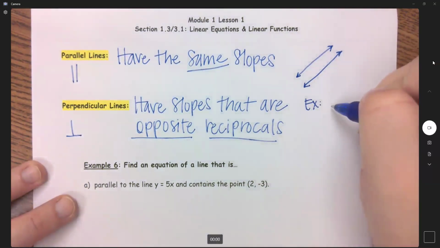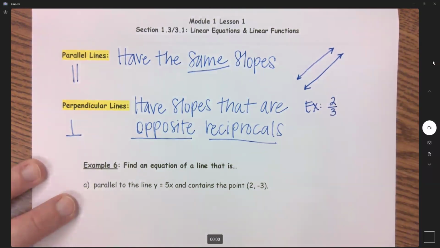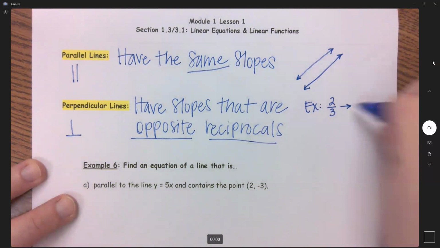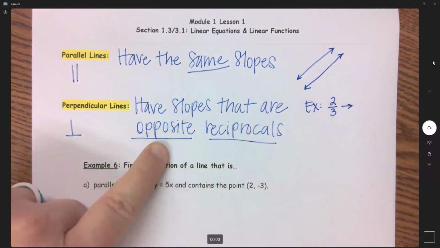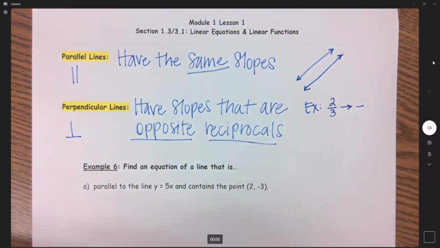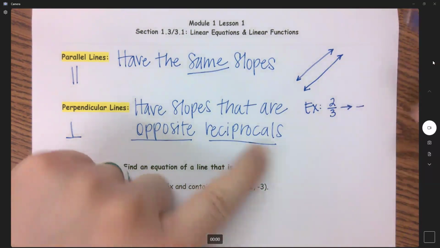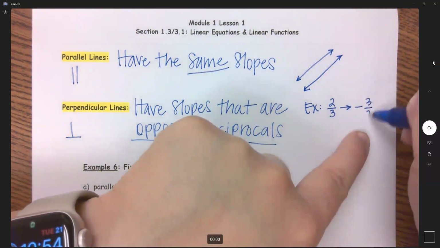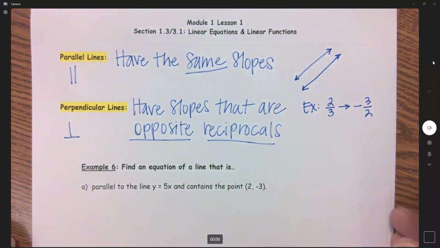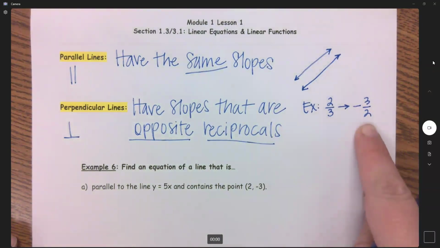For example, if I have something like 2/3, its opposite reciprocal, meaning one positive, one negative. So since this one's positive, this one is negative. And reciprocals mean flipping that fraction. So instead of it being 2/3, it is now 3/2. So the opposite reciprocal to 2/3 is -3/2.